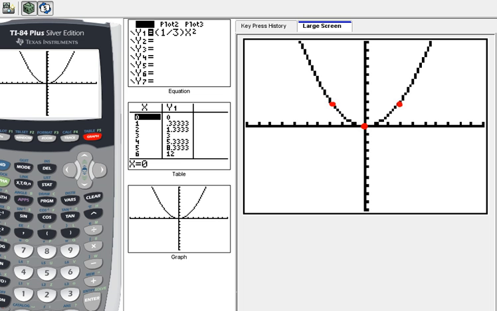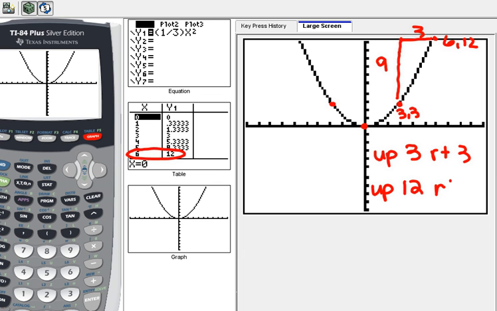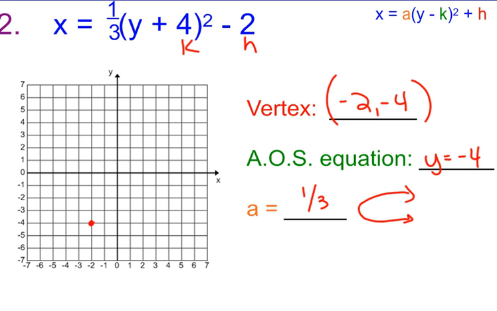Then my next point here is 6, 12. 6 and then 12 would be off my screen. But if this is 3, 3 and I'm going to 6, 12, I would go up 9, right 3. So I know for 1/3 I go up 3, right 3, up 12, right 3.